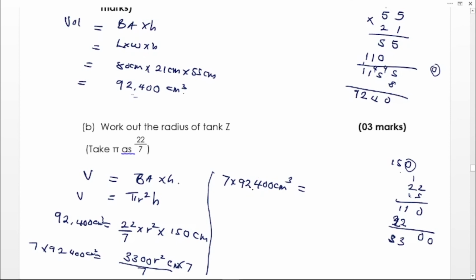And again, 7 times 92400 is equal to 3300 r squared centimeters. Now this is 7 across with this one, so we divide by 3300, this with this one. So our r squared is equal to 0 by 0, 0 by 0, then by 3. Yes, we take a 3. Now by 3, 11, then by 3 into 90, that's going to be a 30, remainder 2 by 3, a 6.